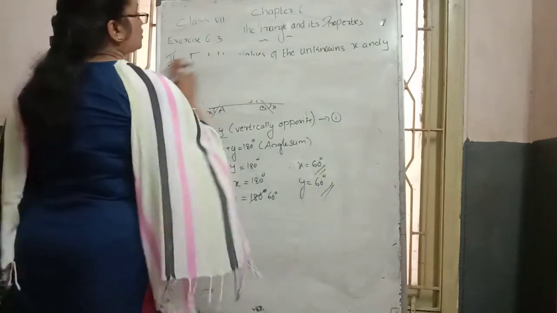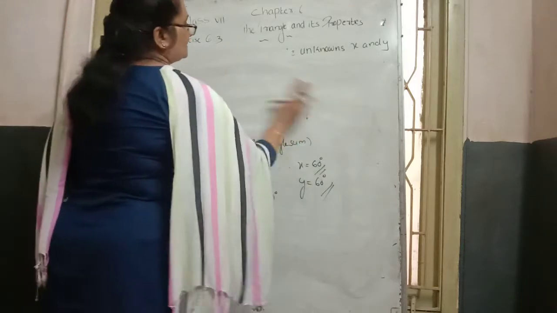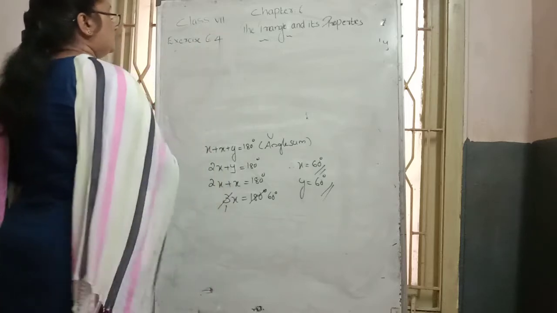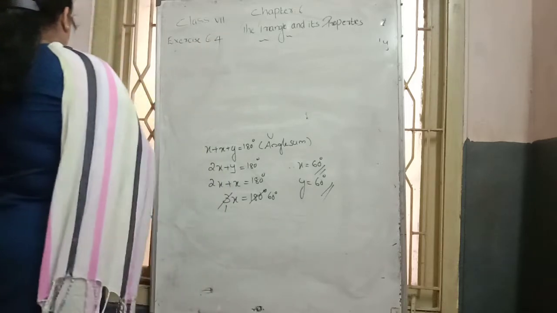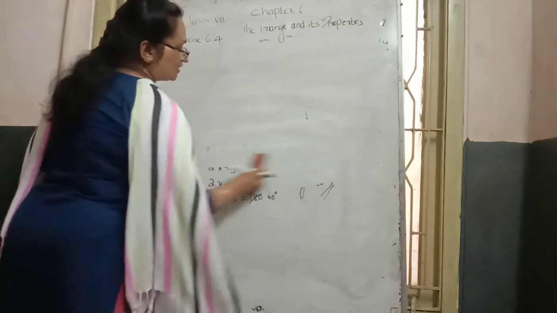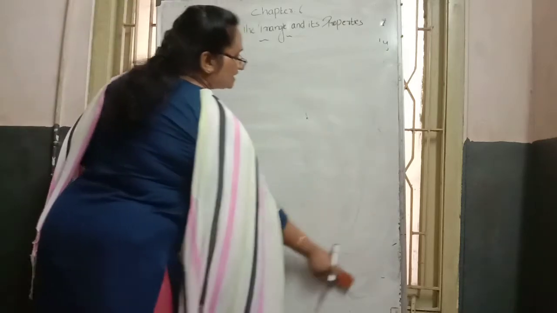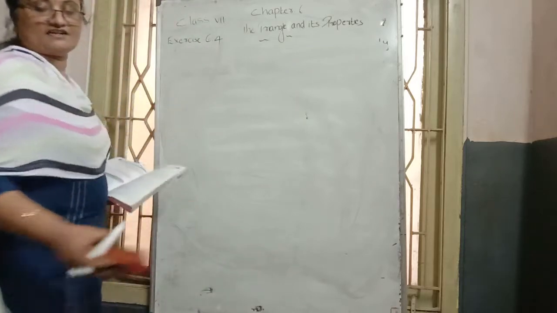Then next we go through another exercise, that is exercise 6.4. In that exercise 6.4, it talks about a property: the sum of any two sides of a triangle is greater than the third side.